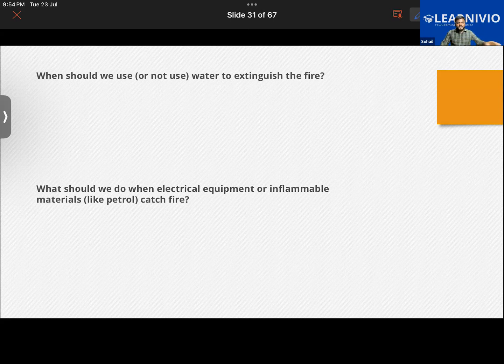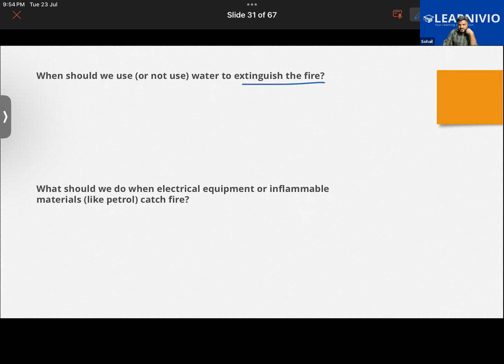Very good. One basic question is, when should we use water to extinguish the fire, and when should we not be using it? Answer this question: when should water be used to extinguish the fire and when should it not?